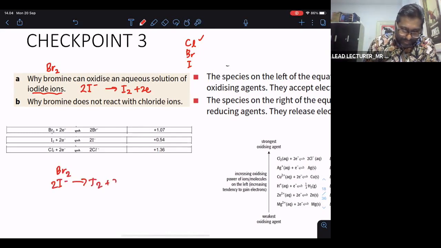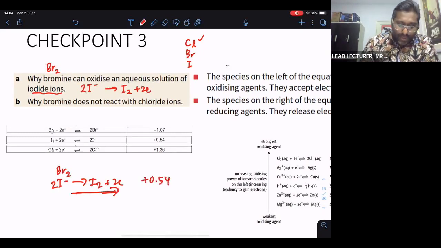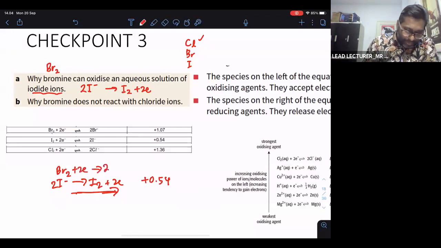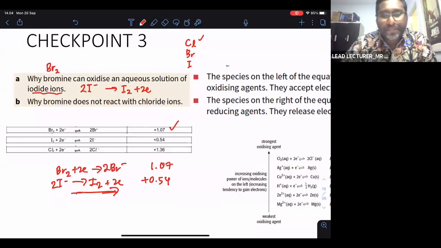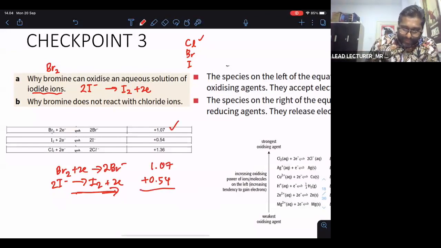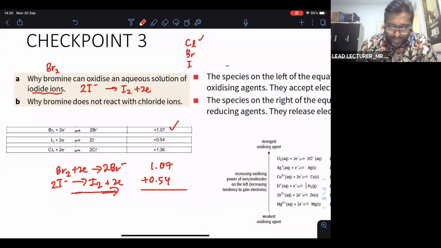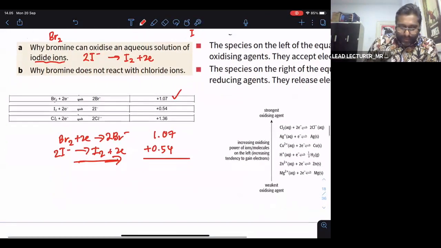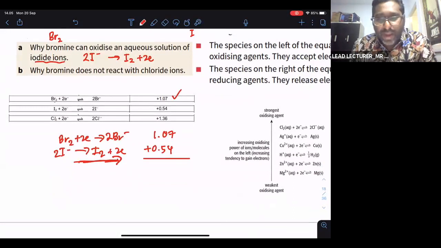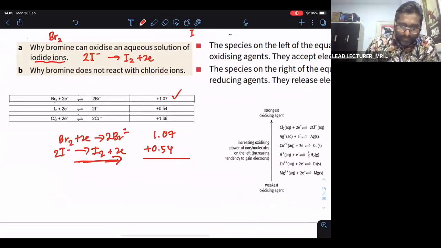It means I want to change this to here. If I use the E value, this is plus 0.54. If I use Br2, Br2 plus 2 electrons to become 2 Br minus, this one is going to be 1.07. If I add these two equations, remember this one is going to the right, and this one is supposed to be going to the left.